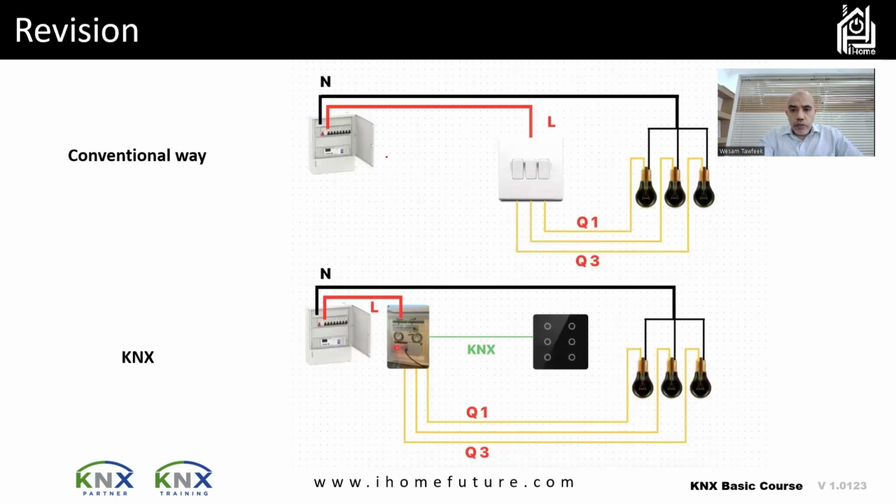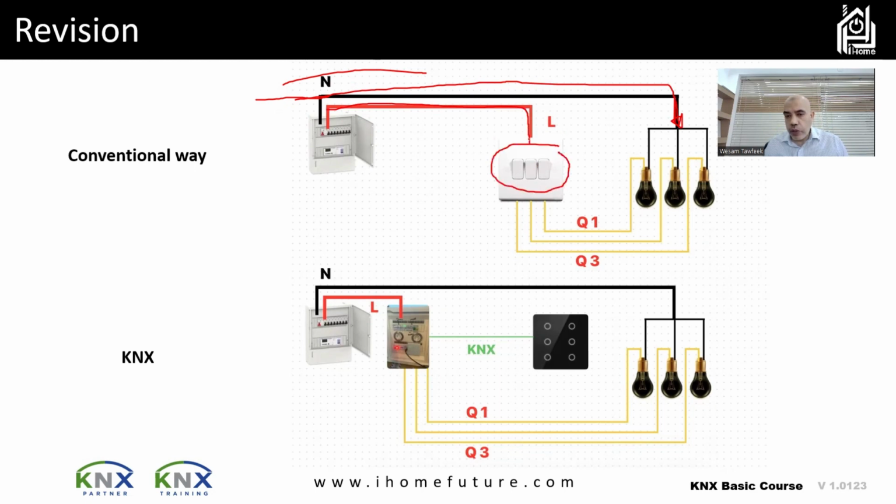Let's talk about how KNX wiring works. This is the normal way. This is how our houses are cabled if you don't have any smart home. You have the neutral cable, which is coming from the DB to the load. This load might be a motor, maybe a lamp, a chandelier, and then the line cable goes to the manual switch.